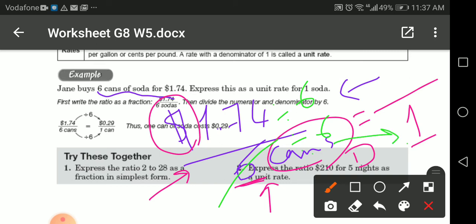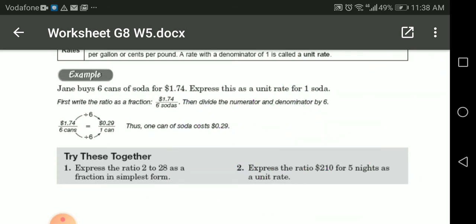Why did you divide by 6, miss? Because what I do in the denominator, I should do for the numerator. So 1.74 divided by 6 gives you 0.29. So the rate here is 0.29 dollars per can. So 1 can costs me 0.29.